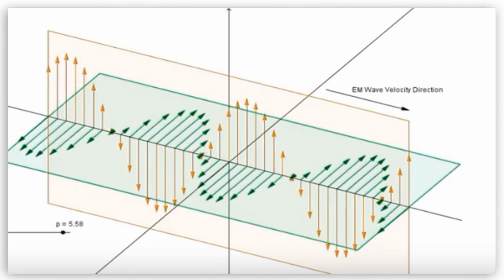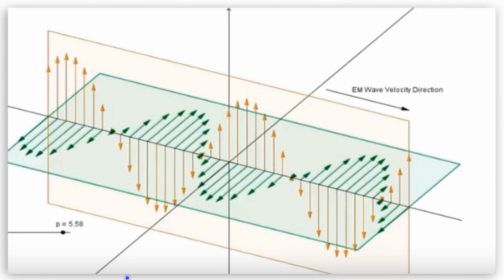And here you can see very clearly in this one. This one is the electric field and this one is the magnetic field. So the electric field will change like this, the magnetic field will change like this, and the wave will travel in this direction.